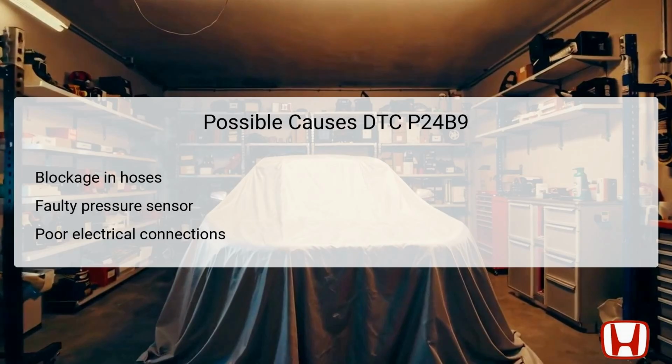This may result from manufacturing defects, wear and tear, or external damage. Additionally, poor electrical connections at the EVAP leak check module or the powertrain control module, PCM, can contribute to performance issues. Ensuring clear pathways and functional components are essential in eliminating these potential causes before moving on to more complicated repairs. Proper diagnosis will help in addressing the issue at its source.